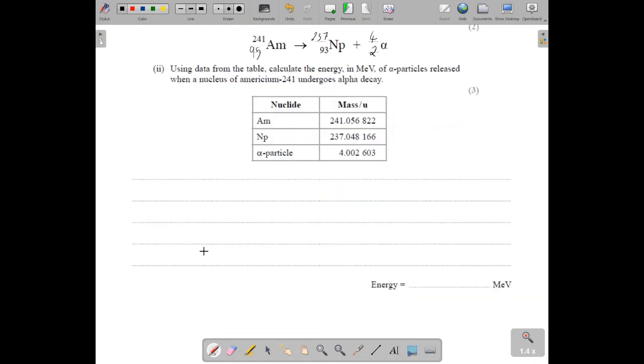Now, this part of the question really illustrates just how small the change in mass is. When we want to do calculations with the release of energy, we need to start off with the mass of the original nucleus, the final mass of the nucleus, or the two nuclei, because here we're considering an alpha particle to be a particular nucleus.